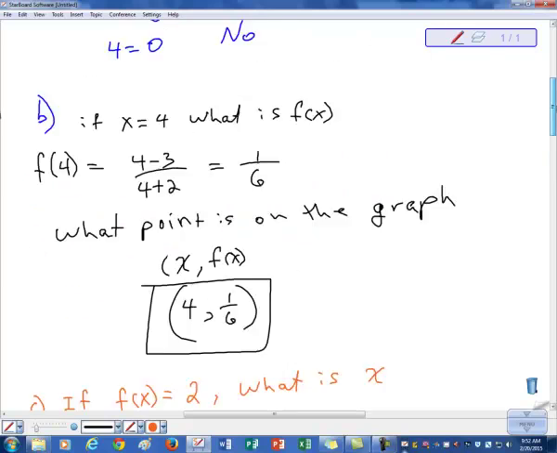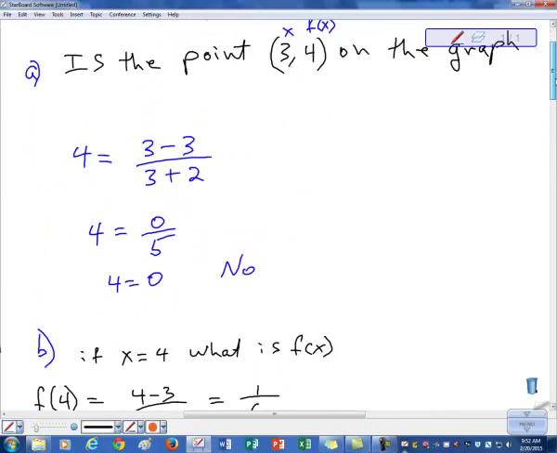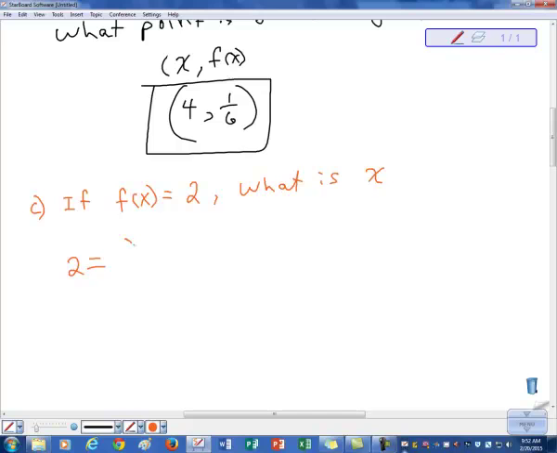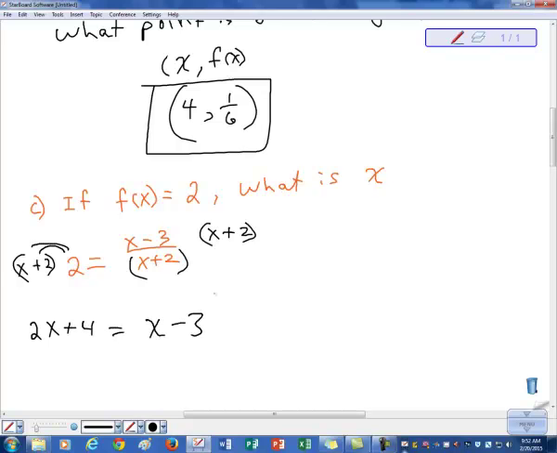So this is 2 equals x minus 3 over x plus 2, and then we solve. So we would have to multiply both sides times x plus 2, and then distribute the 2 here. So that'll be 2x plus 4 equals x minus 3, and these two denominators cancel out.